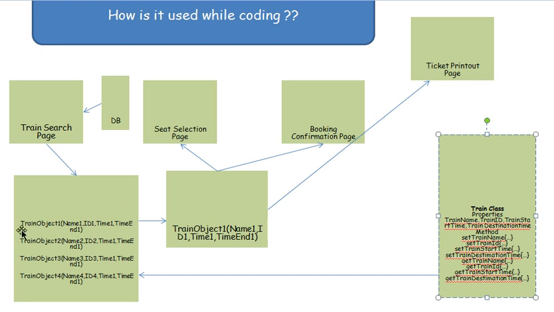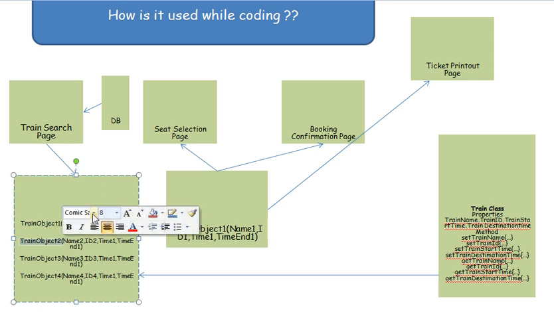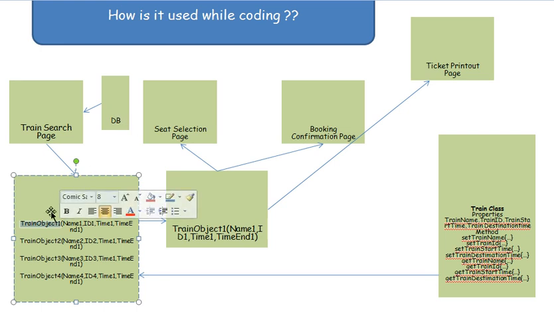Now you have different train objects on this page with all of the details. Let's say I select train 1 while booking and go to the seat selection page. Only this object gets passed to the next page. There's no need to go back to the database and pick up data.